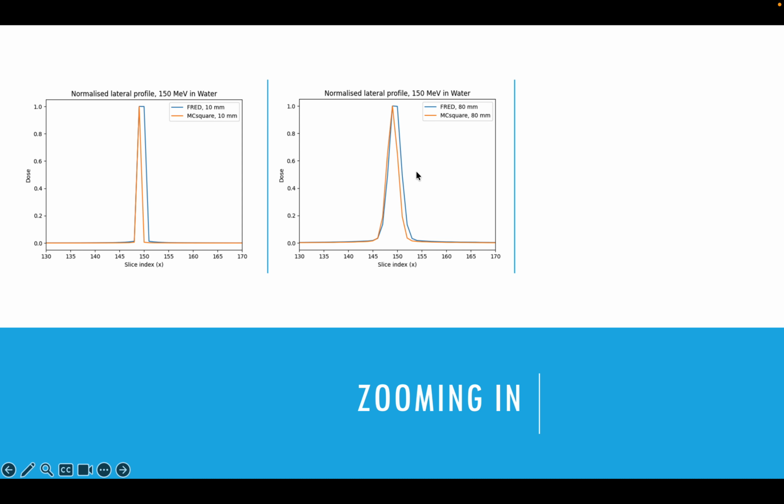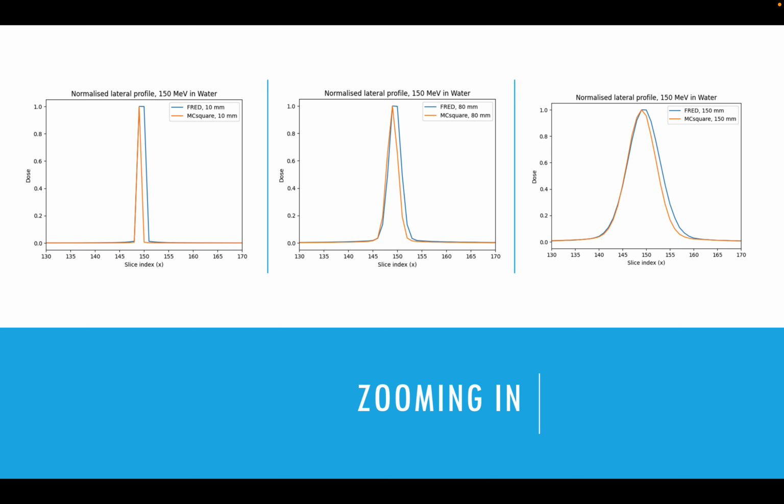Here also we can see that the lateral peak is broader than MC square, and at the Bragg peak too the profile is broader, but in water it's almost the same, you can say, but we will check that in air as well. And of course this is, as I said, for emittance and sigma almost equal to 0.